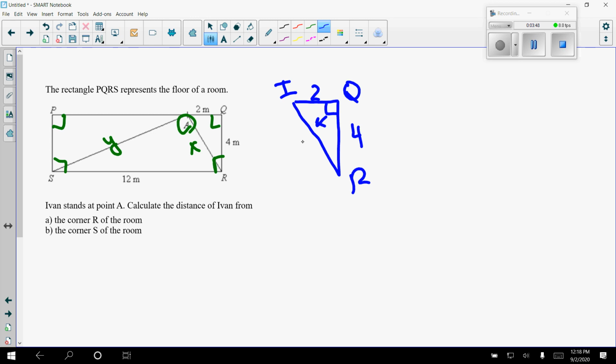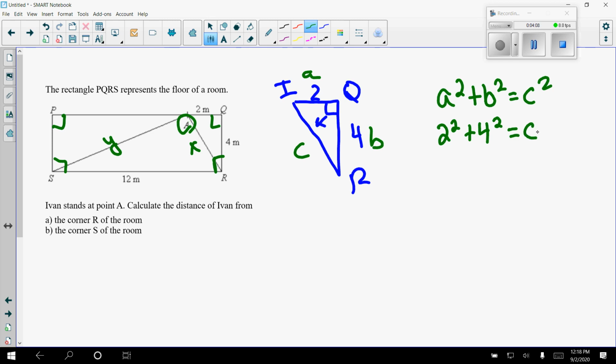So, label across from there, it has to be C, and then A and B are our legs. So, the Pythagorean theorem is A squared plus B squared equals C squared. A is 2. B is 4. C is what I'm missing. I just leave that as C. You could call it X or whatever.